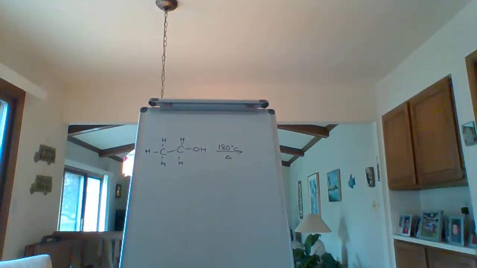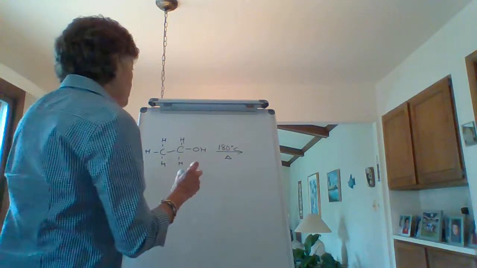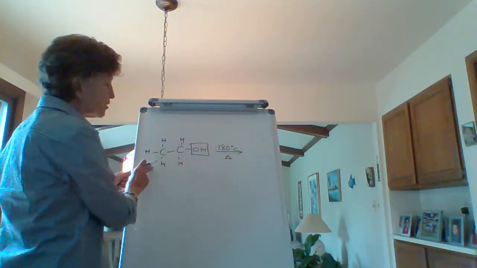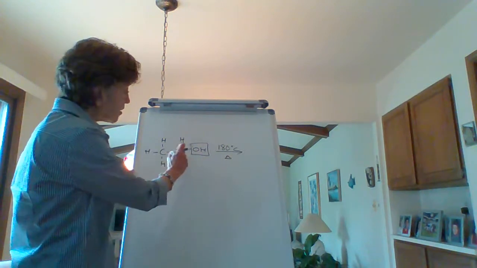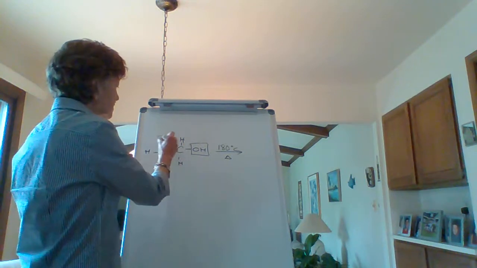So that little triangle is just your heat. All right, so we're going to remove a molecule of water. So you remove the OH and then you remove an H from the carbon next to the carbon that has the OH attached. It doesn't matter which H you remove. So let's say you take this one.